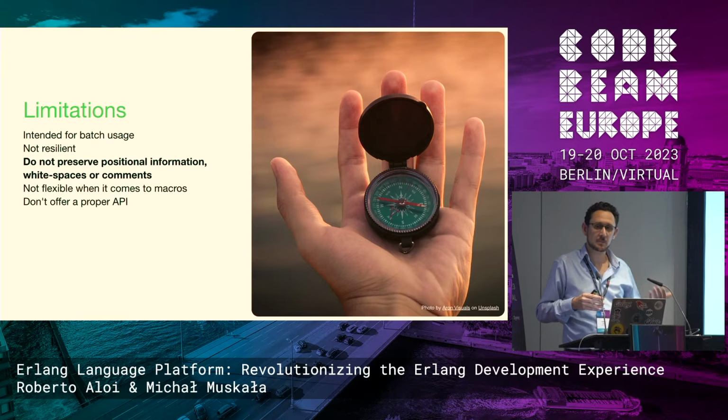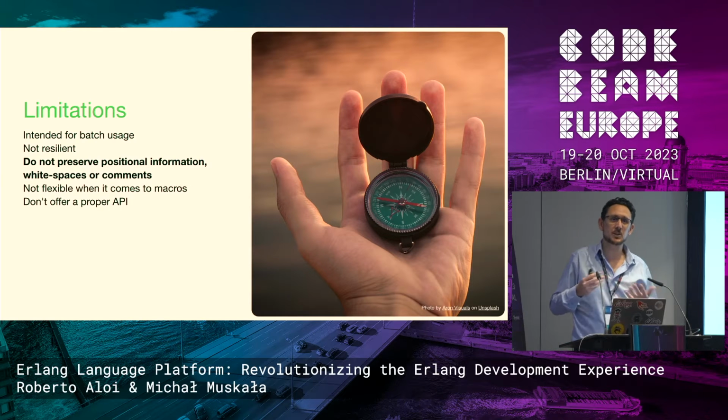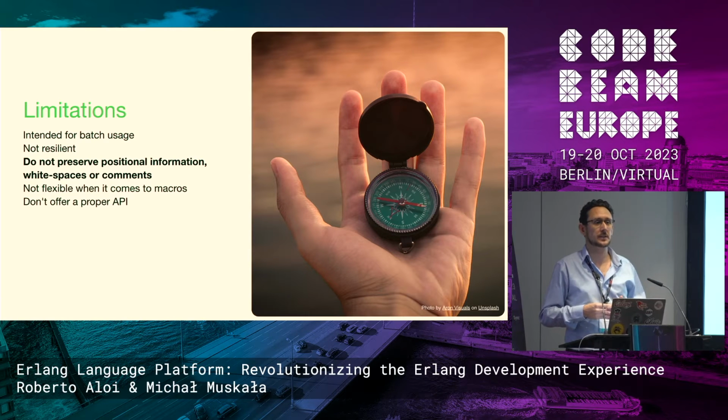Comments and white spaces are sometimes lost. And this is problematic from an IDE perspective. Imagine that you're writing a tool that allows you to select some text and refactor it to an external function. If you're losing the comments and the white spaces in the process, that's pretty bad, because when you extract the function, you really want to keep it as it is.